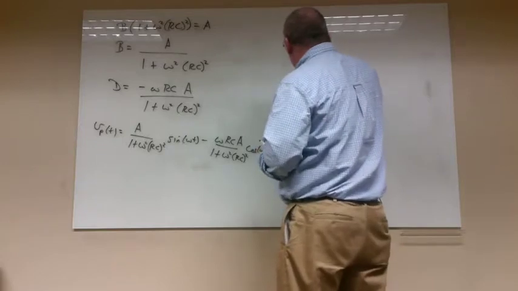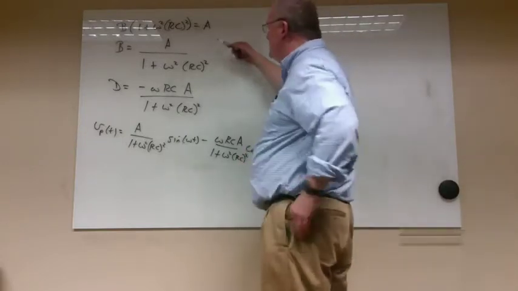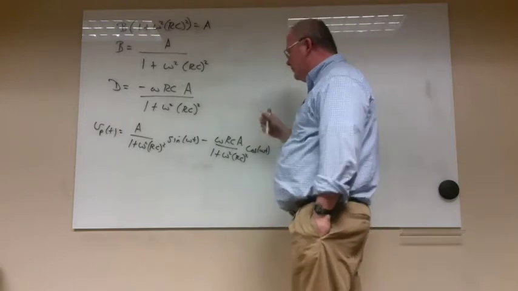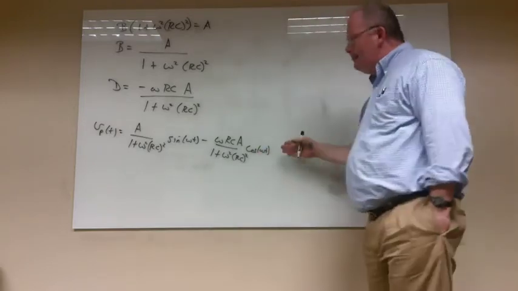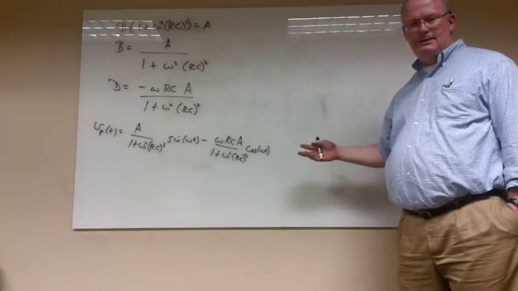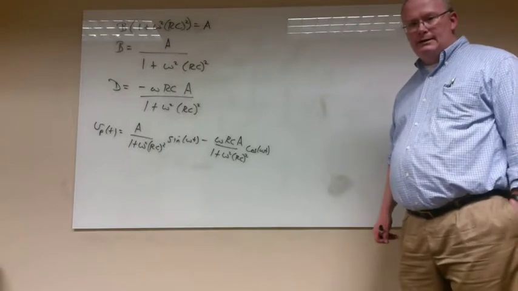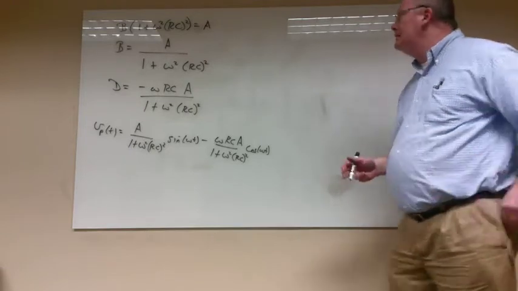If we go through, and now we ask the question, okay, I got this B, and I got this B, and this is my overall response. This is not a very useful way of looking at it. It's a bit cumbersome. There's a better way of looking at the response, and that is a single magnitude and a single phase.